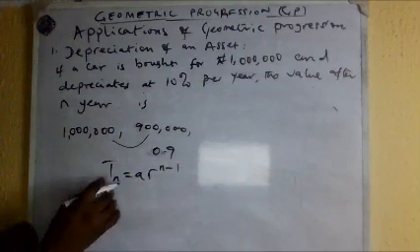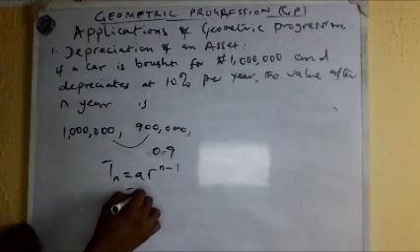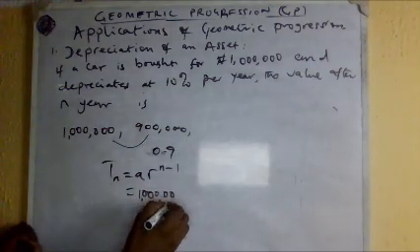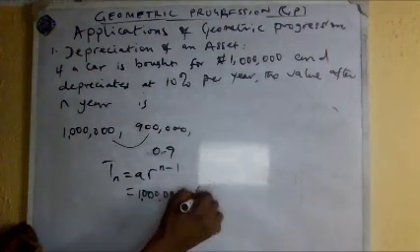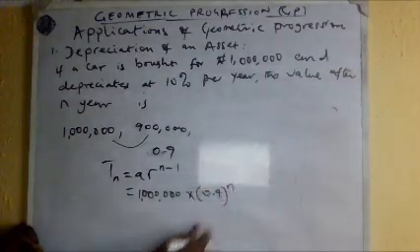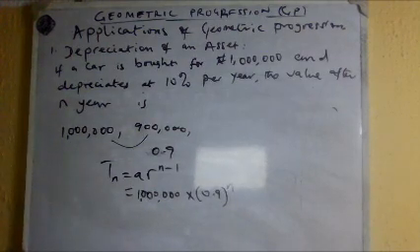So the value at the nth year is 1 million times the common ratio 0.9 raised to power n. That would be the depreciation at the nth year. That is a practical example of what is used after n years.